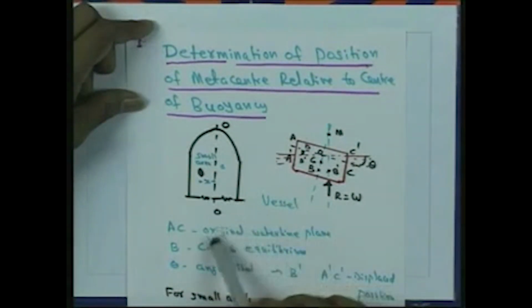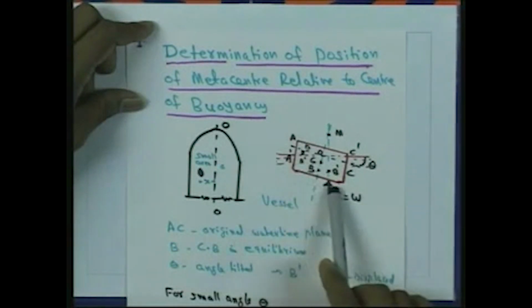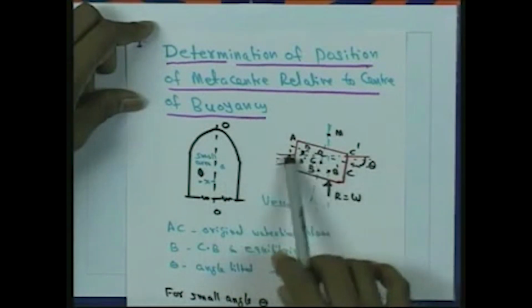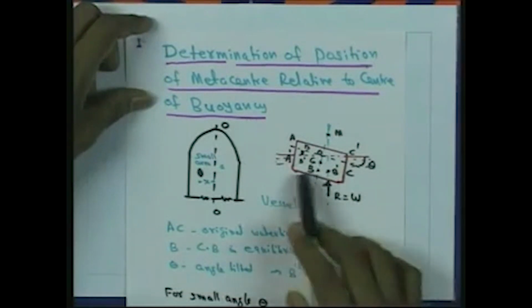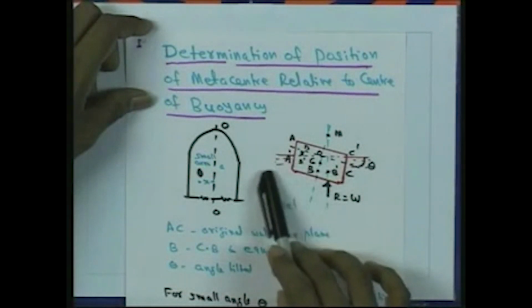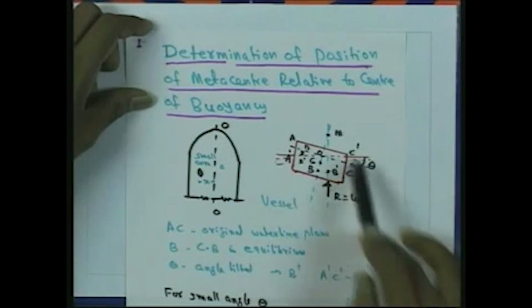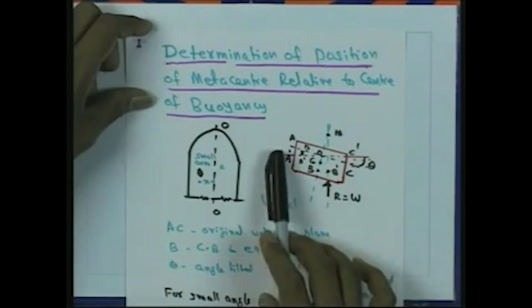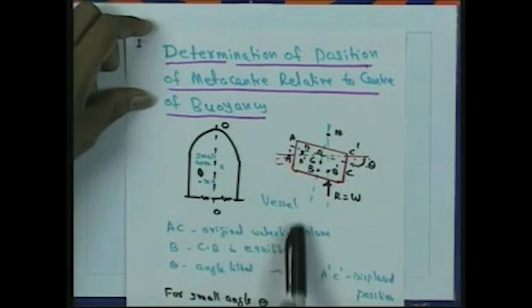Here you can see there is a big vessel. The old position is horizontal, and due to a small tilt theta, the new position is this inclined line.